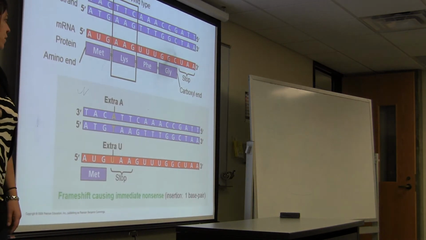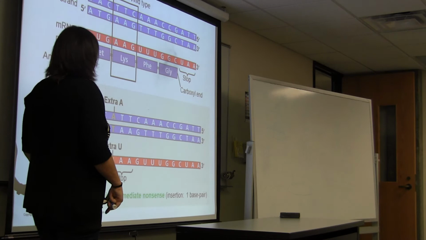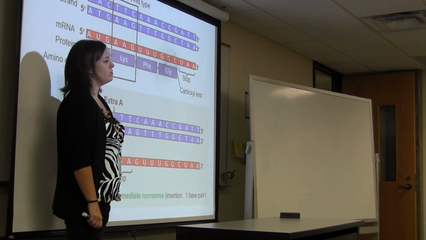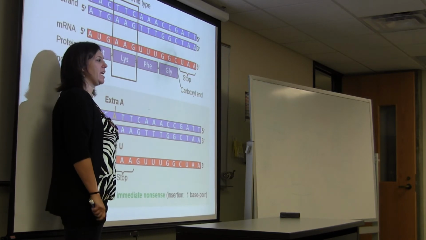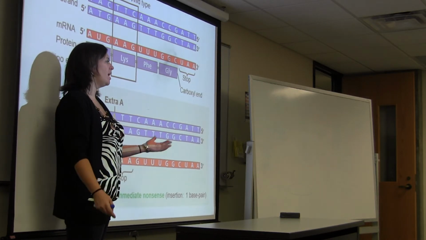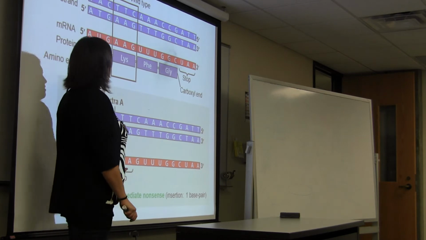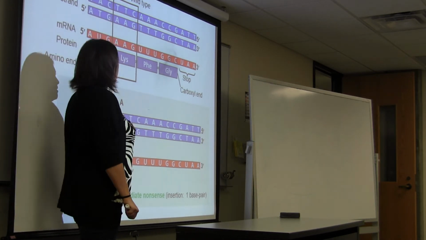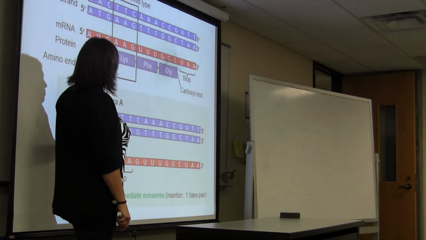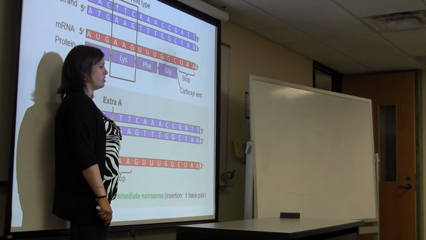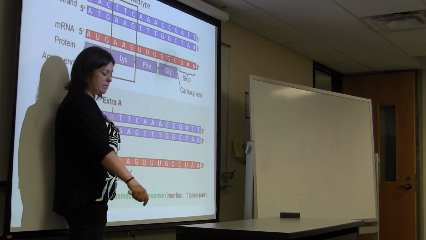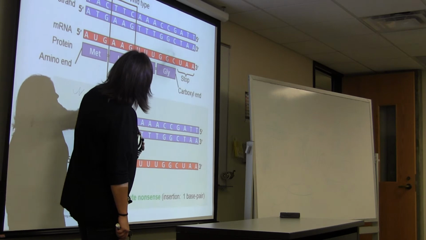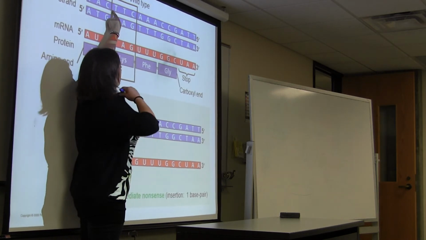And then when it comes to frame shift mutations, you can have different end results. This isn't necessarily always going to be the case. It's just an example of what could happen as a result of a frame shift mutation. So again, here we have TAC, TTC, and so forth. But now we're just going to bring in another nucleotide out of the blue, and we're going to insert it in front of these two T's right here.